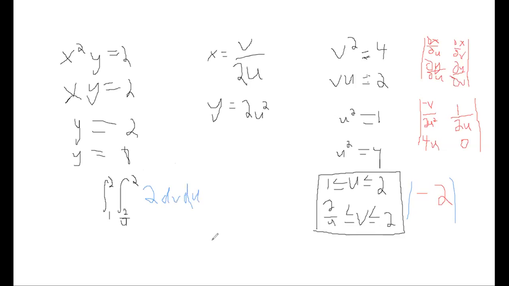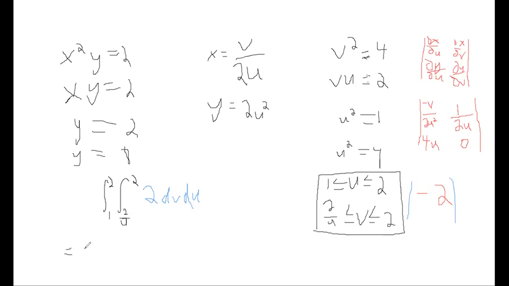And now this shouldn't be a problem. Now we should be golden. Because what's going to happen here is I'm just going to go ahead and integrate. So we end up getting the integral from 2 over u to 2.